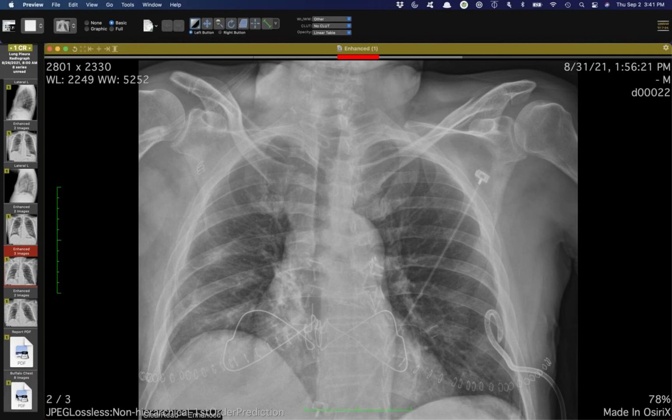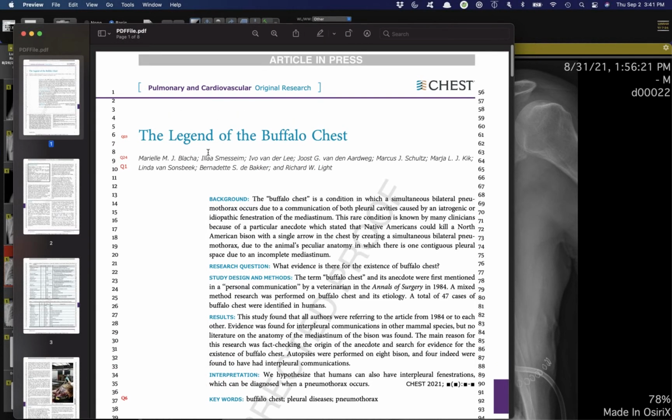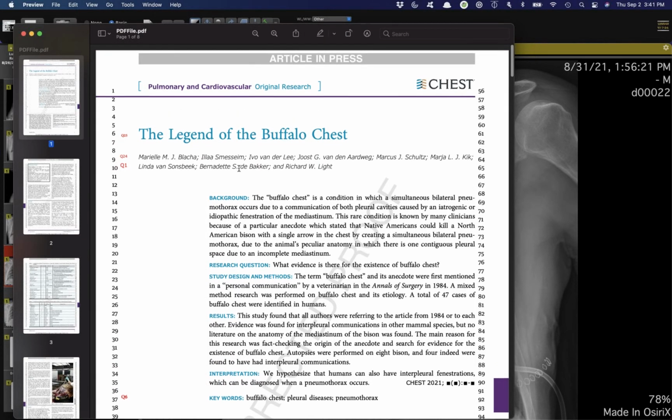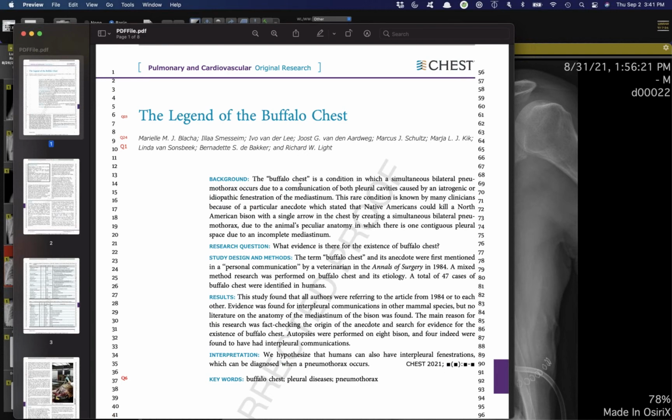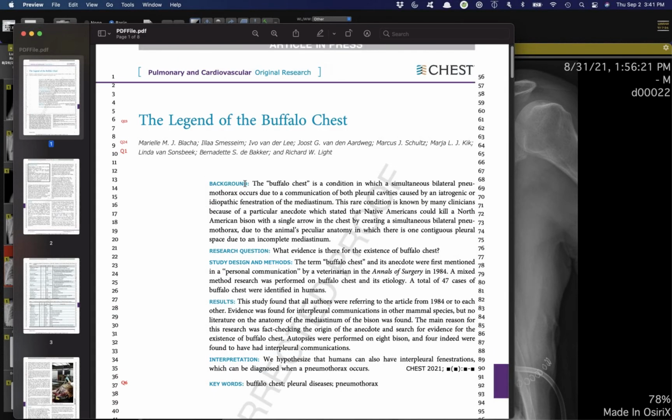We got to searching for the origins of buffalo chest, and this is actually a kind of entertaining article that's in press right now in Chest. It was just released online in June, and these people went to great lengths to find out if this anecdote was true about a single arrow being able to kill buffalo.